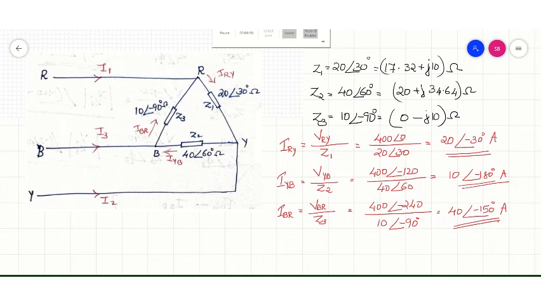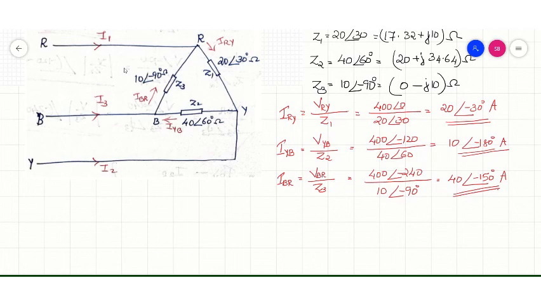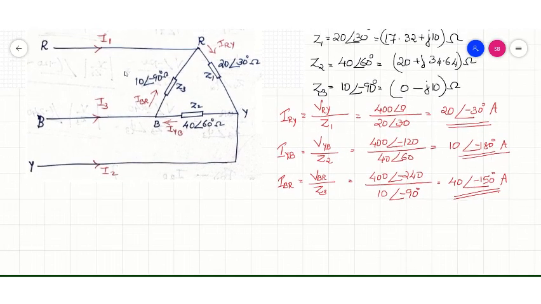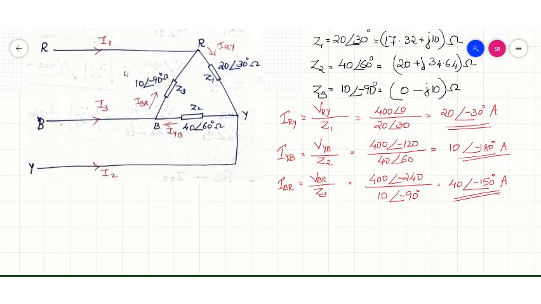Now we have to find the line currents I1, I2 and I3. In order to get them, we have to write the equations. I1 is equal to IRY minus IBR, that is equal to 20 angle minus 30 minus IBR.